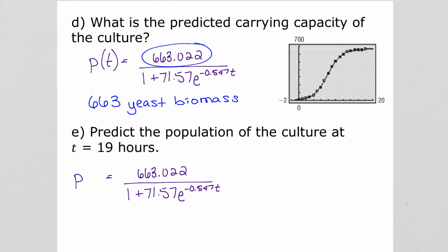So we're just going to plug in 19 for T. And you get about 661.5. And our units are yeast biomass. So pretty close to the carrying capacity at that point. Okay? And so that's our section on exponential, logarithmic, and logistic regression.